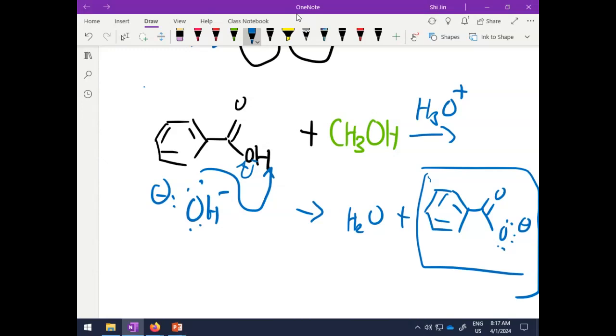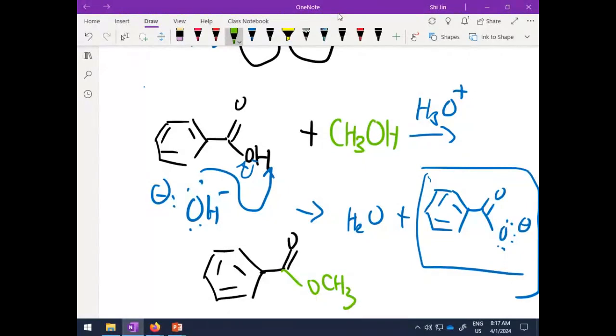So anyway, if you look at the outcome, I'm using a color code to indicate the carbonyl group from the carboxylic acid and this OCH3, plus water.